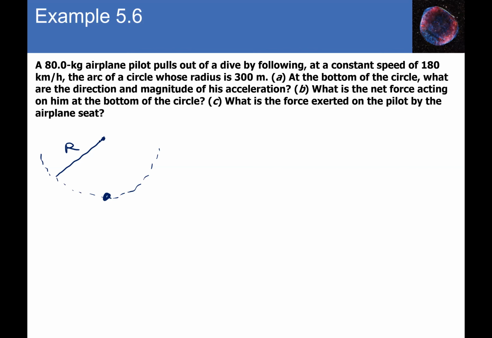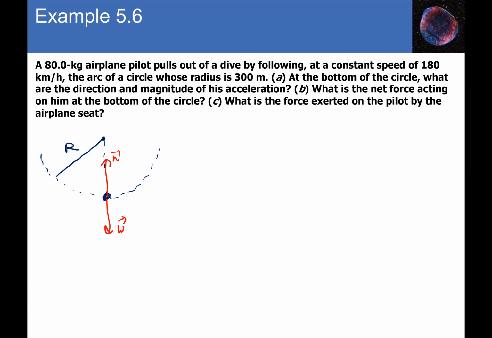All right, so think like this. Now we're talking about a pilot that's sitting on his seat, right? And what I have here is this as being the center. So two forces that are acting on him are the normal force and gravitational force. Okay, normal force, gravitational force.